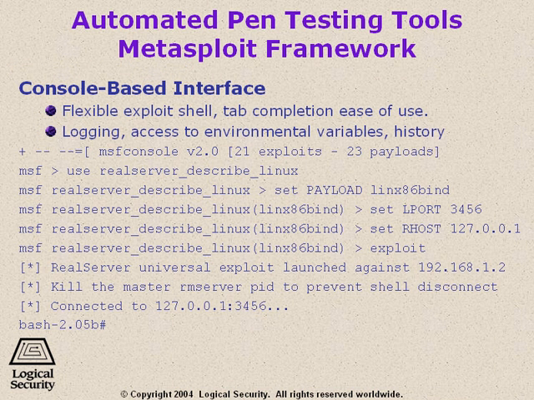And then there's the console-based interface. This is with the menus that I spoke about in a console window. It's flexible. You can use tab completion for ease of use. There's logging and access to environmental variables, and there's also a history.